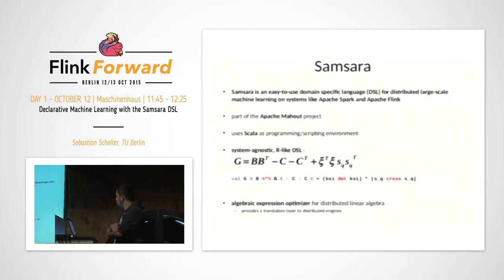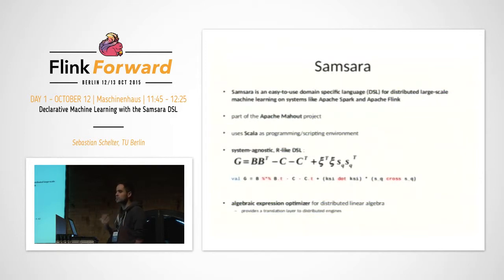And the big problem nowadays is that a lot of people want to do large-scale data analysis on large data sets, and then naturally they have to do this on platforms like Apache Flink or Apache Spark. But if you program these platforms, then you have to have some kind of understanding of how they work. So data is partitioned, some operations trigger repartitioning and network communication.